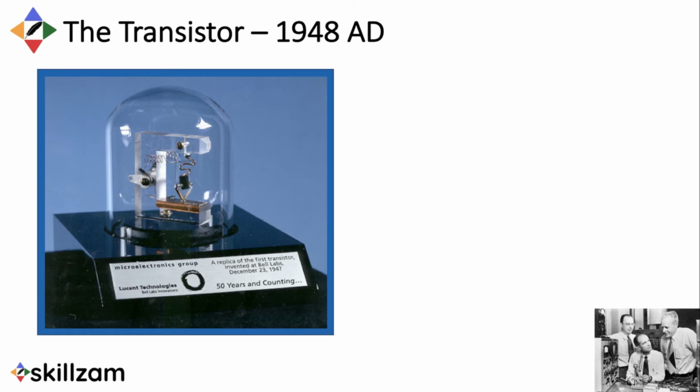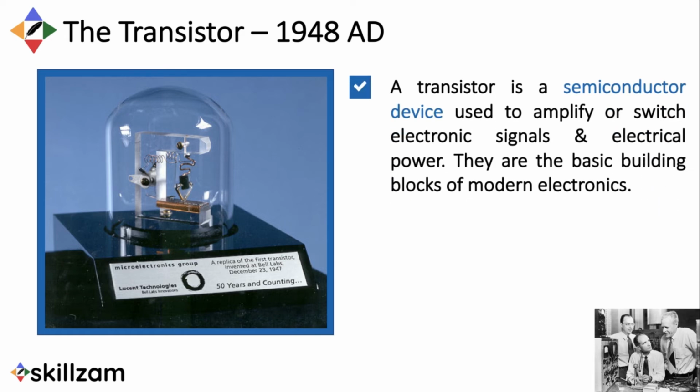Now, the question that flashes in the mind is, what is a semiconductor? Well, a semiconductor material has an electrical conductivity value falling between that of a conductor such as metallic copper and an insulator such as glass.